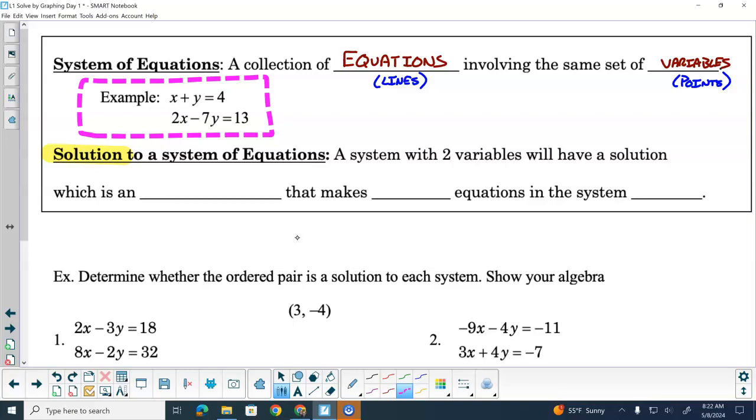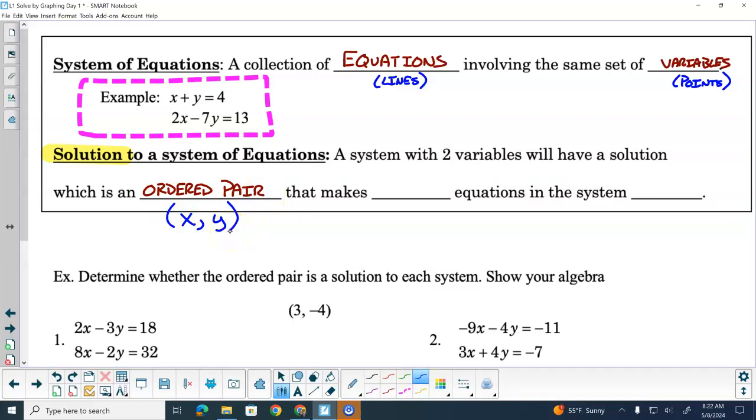A system with 2 variables will have a solution which is an ordered pair, whoa, tap the brakes, which is an ordered pair. Remember that is a point x comma y. So that's a point.